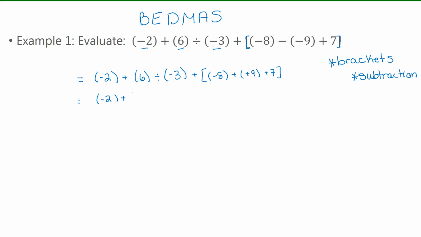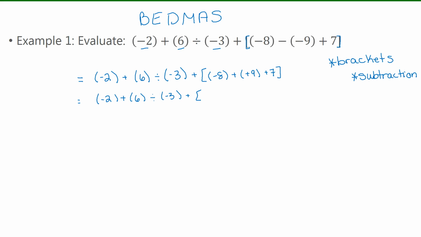Writing this out again. Now we have to add -8 plus +9. Now when we looked at adding a positive and negative before, we said we need to subtract and then determine if we have more positives or negatives.